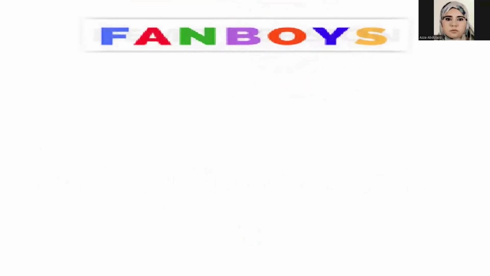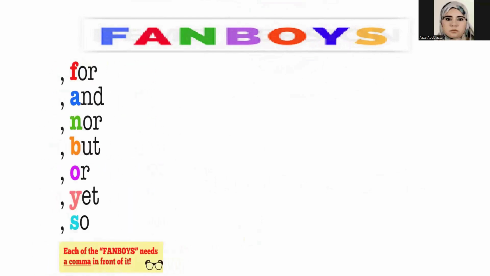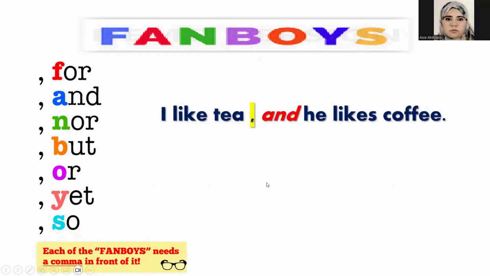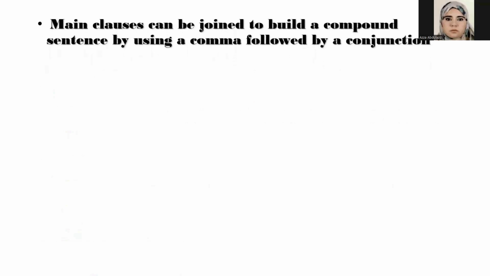The word FANBOYS stands for: F for, A and, N nor, B but, O or, Y yet, S so. And I want you always to remember that you need to insert a comma before the coordinating conjunctions. Clear?